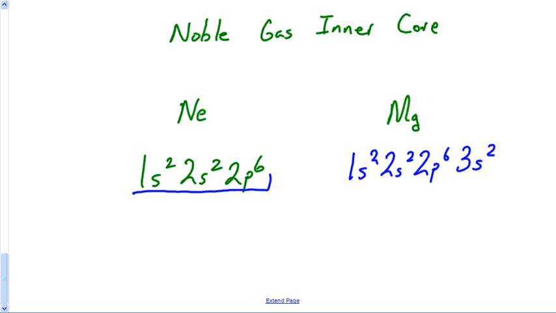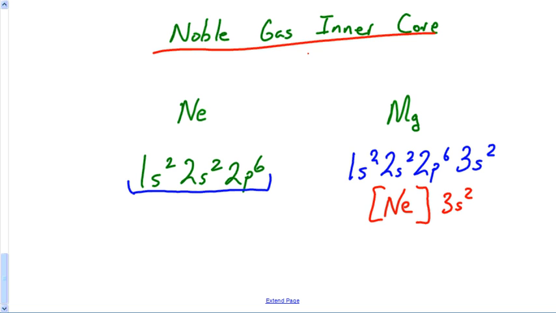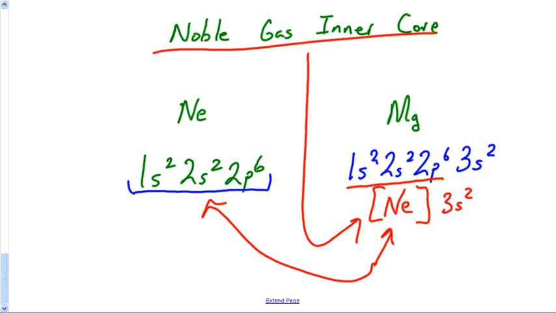Magnesium starts with this exact same phrasing, so you might see somebody do this on magnesium: [Ne] 3s2. And that's called a noble gas inner core. It's just a shorthand way. Since you've got the exact same beginning configuration, instead of writing it out, they just write this noble gas inner core, which lets you know it's that configuration.